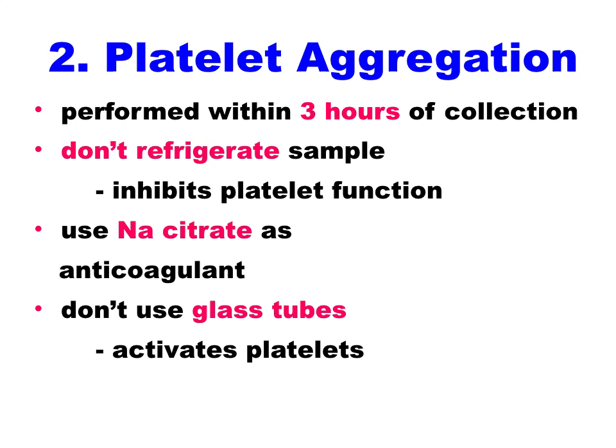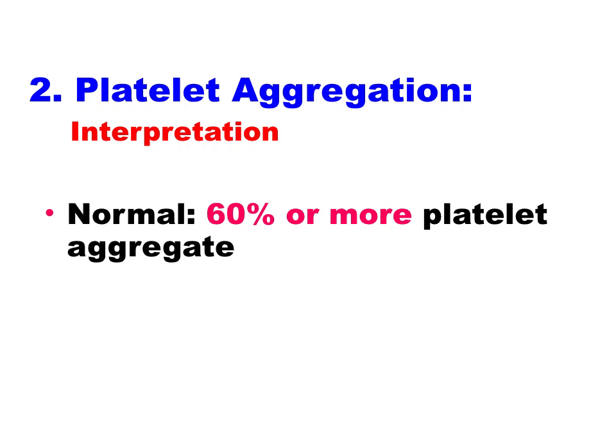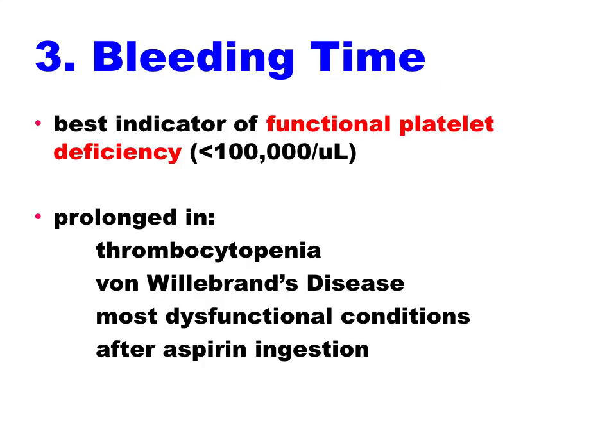Sodium citrate is the anticoagulant that is used for this particular examination. And we should not be using glass tubes because glass tubes actually activate platelets. How do we interpret? If the aggregation occurs in 60% or more of platelets, then it is said to be normal.